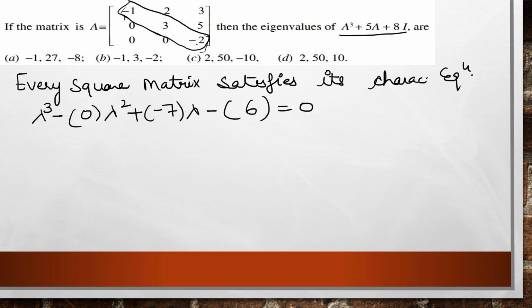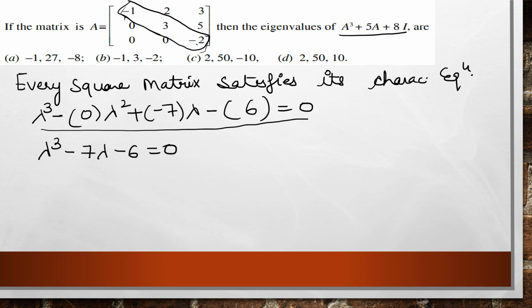This is our characteristic equation. I have already explained this formula in the previous video. If you are not aware of that, then I'll put the link in the description box. You can watch that recorded video, because it is very important to know this. This is a very important topic. You must know the shortcuts and short tricks which are required. So this is lambda cube minus 7 lambda minus 6 equals 0.